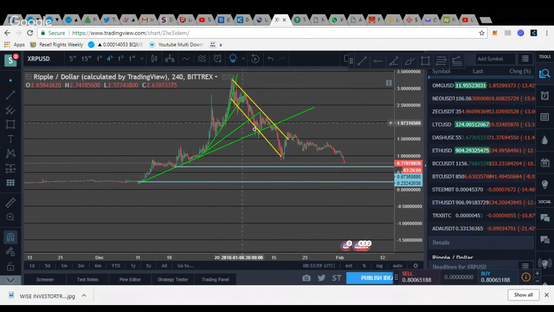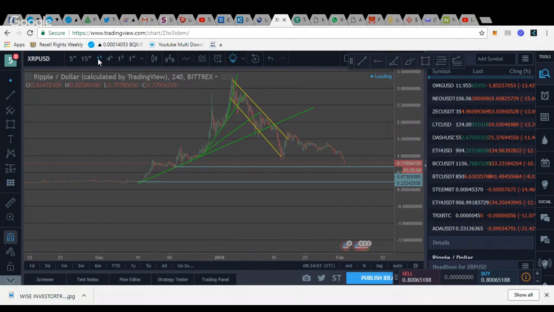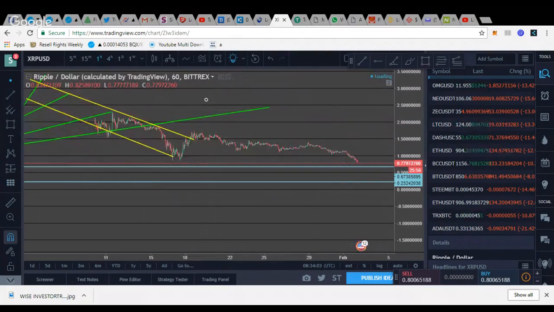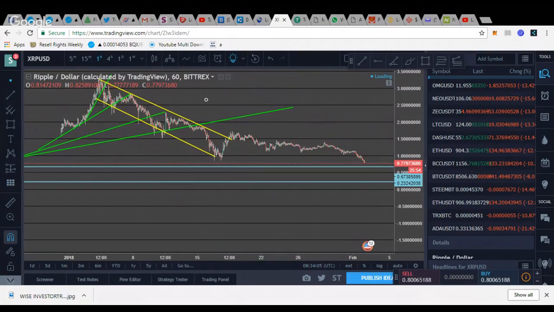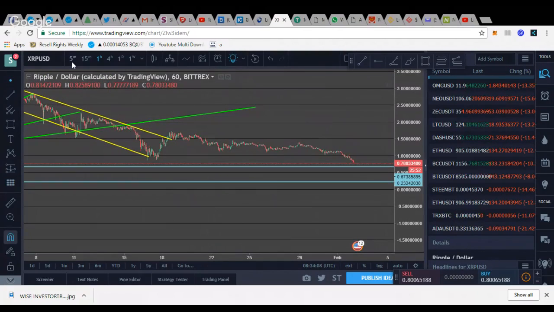So if you want to trade this, the best way to trade this now is if you are day trading. Day trading means like 5 minutes or 15 minutes, where you're taking quick profits. That's one of the best ways for you to trade this.